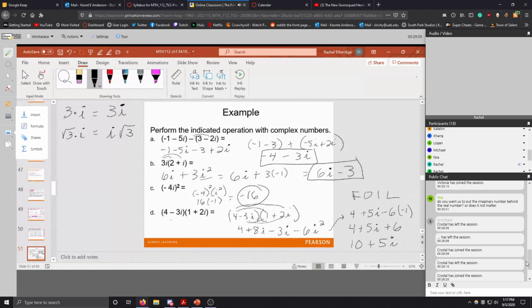5i. And I really don't care which way you write it. If you write 5i plus 10, that's fine. That may have been what you guys were asking about earlier. So if you were asking about, can you write negative 3i minus 4 right here? That really doesn't matter to me as long as your signs are right.